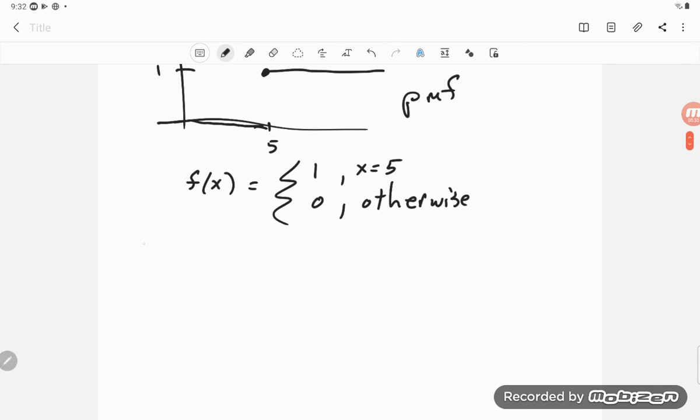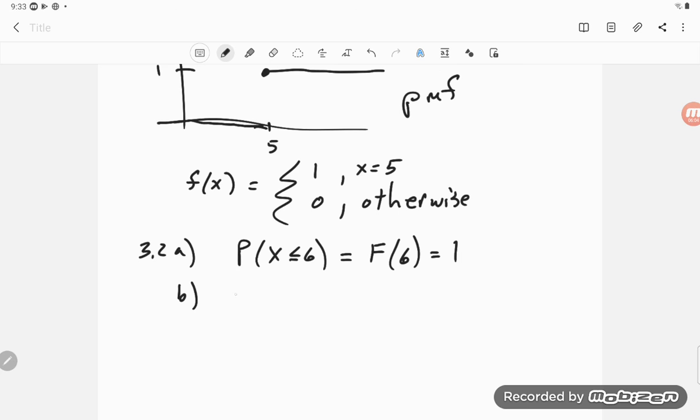Now, if we go to 3.2a, they just wanted what's the probability that x is less than or equal to 6, and well, that's f of 6, and so that's equal to 1.